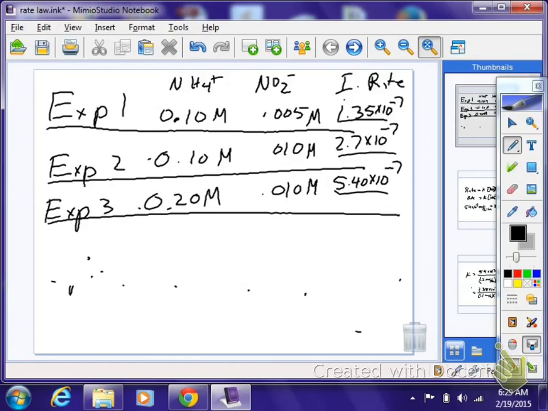An order of 1 is called a direct relationship. When the concentration of one of the reactants would double, say, then the rate would double. Or if the rate would be cut in half, then we know the concentration was cut in half. So that's called an order of 1.